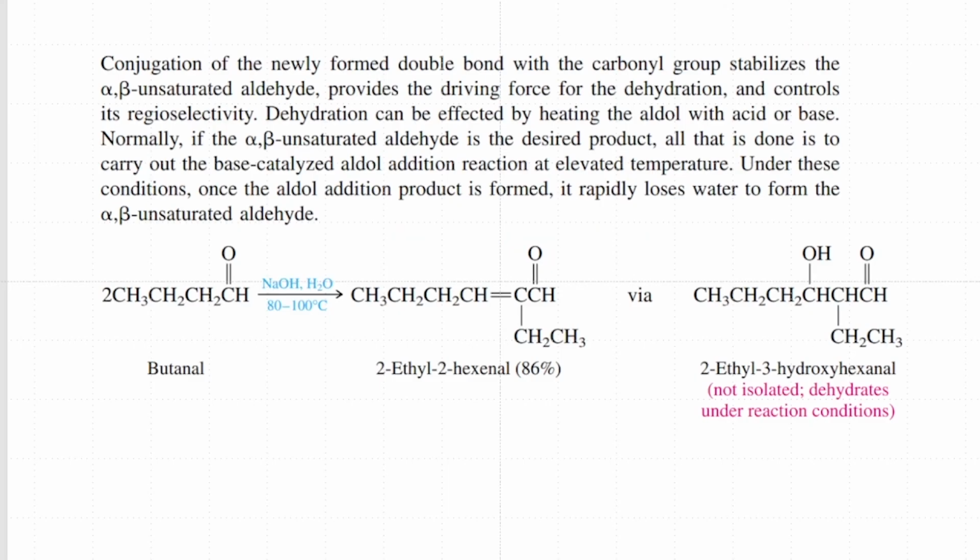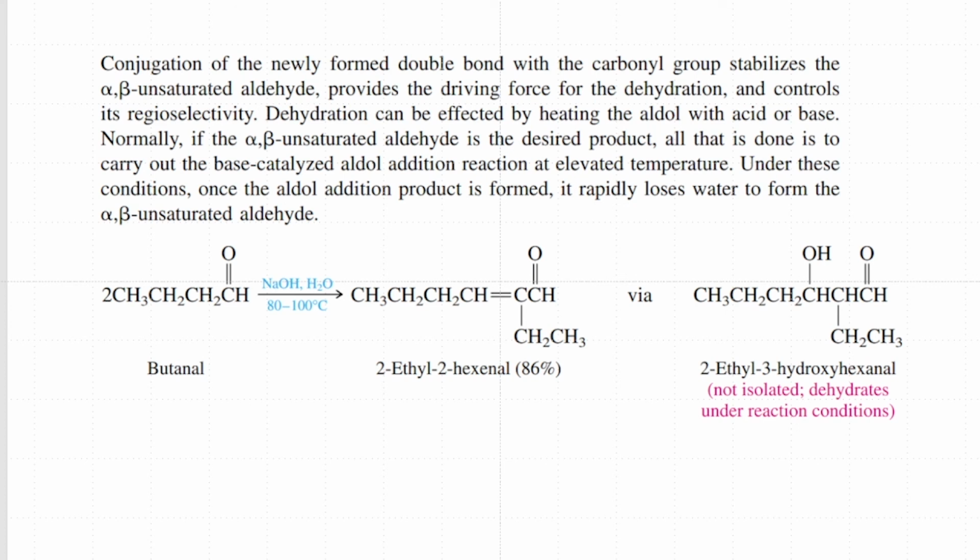So under experimental conditions, if you take butanal and add sodium hydroxide and water and heat it up to about 80 to 100 degrees, then the yield of the alpha-beta unsaturated aldehyde or ketone in this case is quite good.